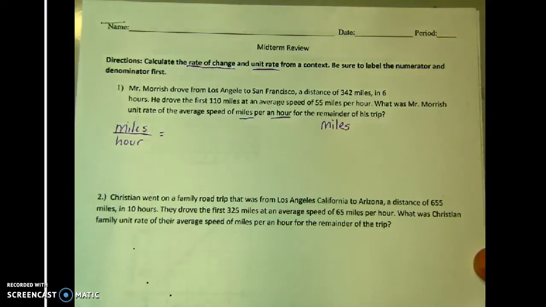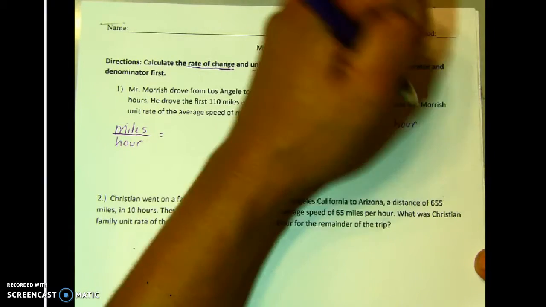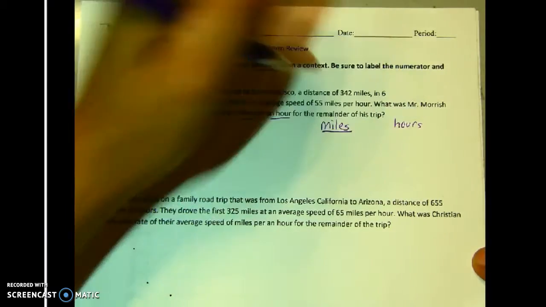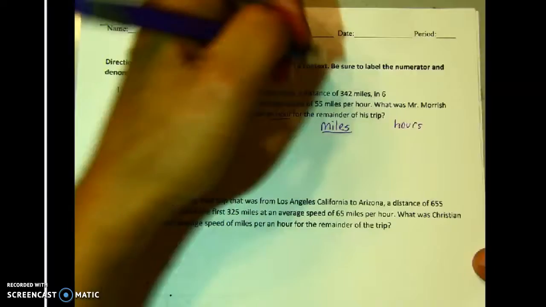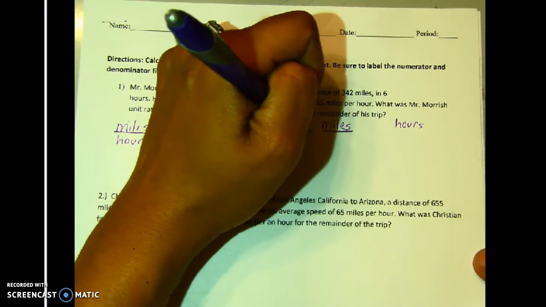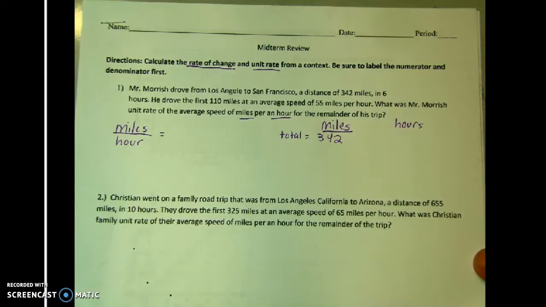What is the information we know about miles? And what's the information we know about hours? So if we go back to the text, we know that the total miles is equal to 342. But we also know that he already drove a portion.